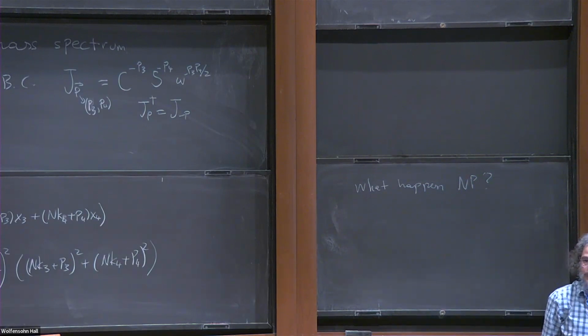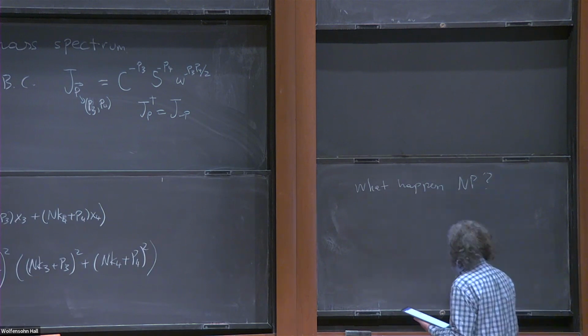To answer this question, let me now discuss a little bit the 't Hooft flux, turning on all possible cycles on the T4, and we will do something interesting with it.